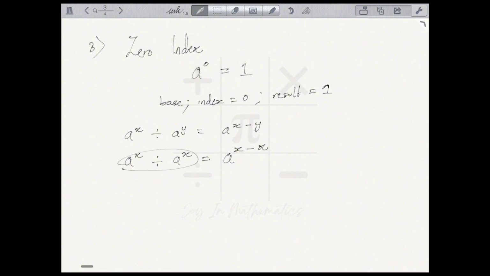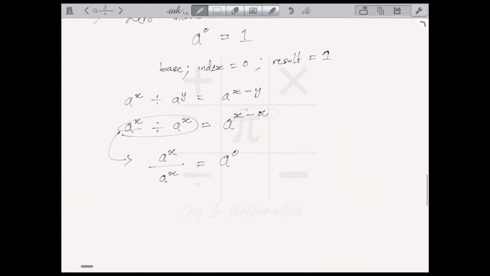Now, this can be written again as a raised power x divided by a raised power x, and this will give us a raised power 0 because x minus x will give us 0.